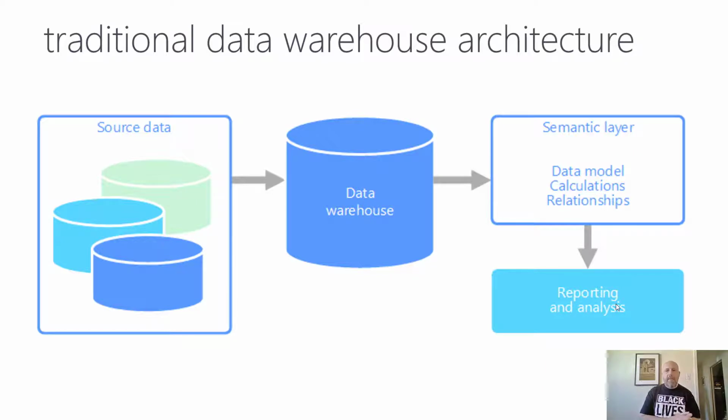Let's say it's implemented in the Microsoft BI stack. We might have over on the left our different source systems, and we're using SSIS integration services to do an extract, load, and transform, or ETL process, to put that data into our data warehouse in the center. And then we'll serve that up to our end users.